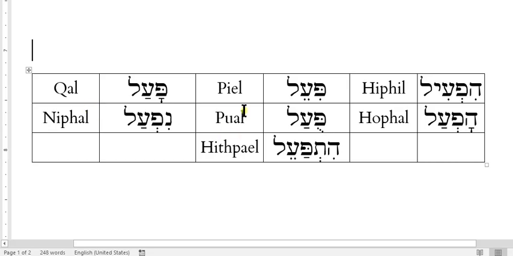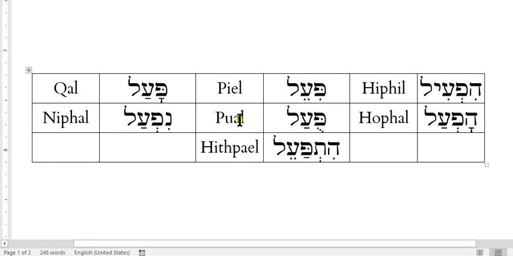The Piel and the Pual typically intensify a verb's meaning. So if you take the verb shavar in the Qal, to break, and you put it into the Piel and make it shiber, then it means to break into pieces or to shatter. The Pual takes the meaning of the Piel and makes it passive.